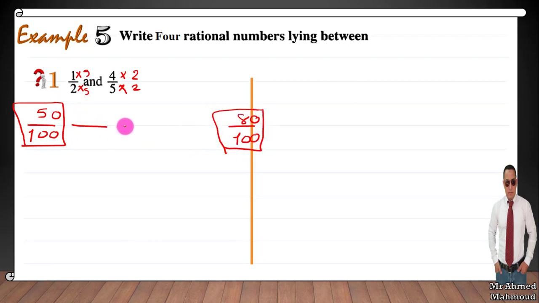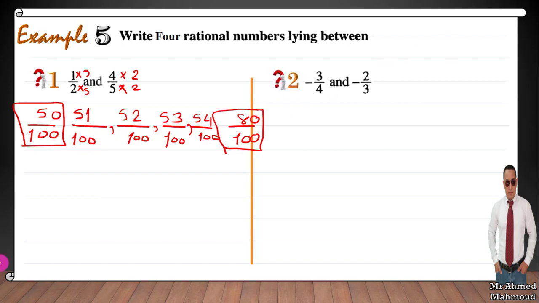Okay, I can find 4 numbers between them: 51 over 100, 52 over 100, 53 over 100, 54 over 100. You can change these numbers, it's okay.